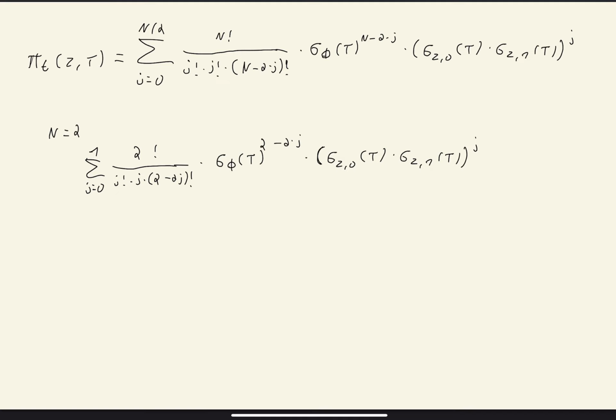So if you now go through the terms, the first term is when j is equal to 0. So we have 2 divided by 0 faculty times 0 faculty times 2 minus 0, so 2 faculty, which is then again 2, times sigma phi tau 2 minus 2 times 0, which is 2, and the last expression falls away. So basically what remains here is only this expression.